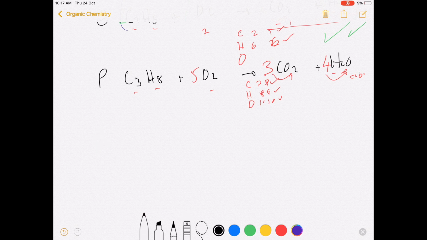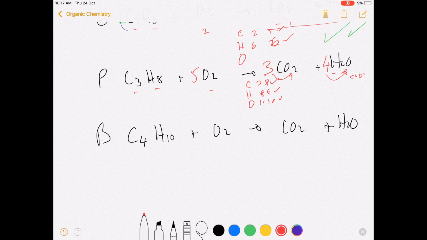Okay. Let's do butane just for completeness. So butane is C4, double add 2 is 10, plus O2 goes to CO2 plus H2O. Let's balance CHO. So carbon is 4, 1, so that's 4, done. Hydrogen is 10, 2, so it's 5, 10 and 10, done.